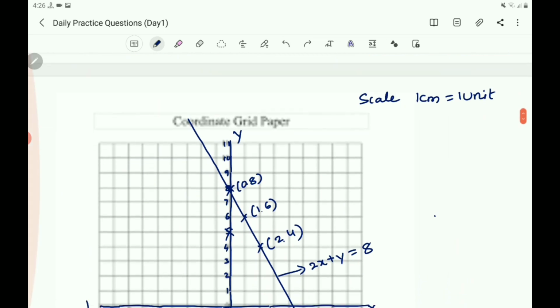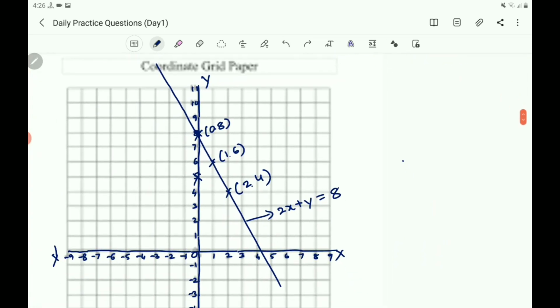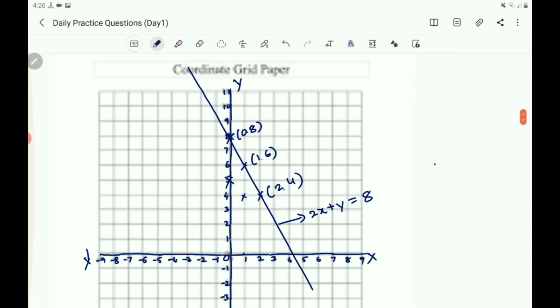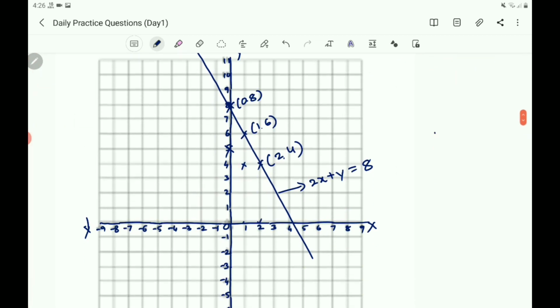So you take 1, 4: 1 is here, 4 comes here. Then third, 2, 3. 2 is here, go straight to 3. So this is 2, 3, and join these 3 points to get the straight line.